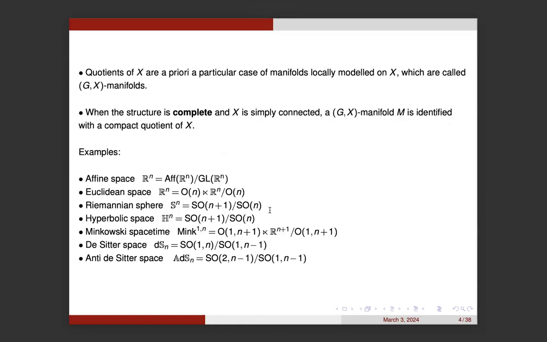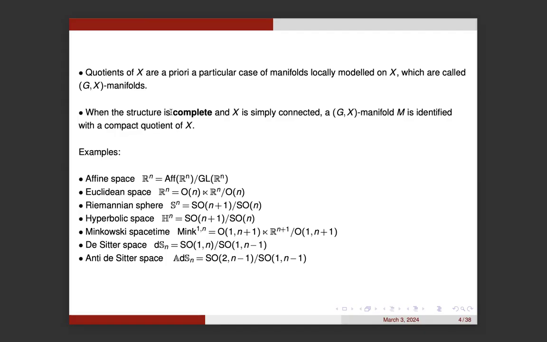So quotients of X are particular cases of manifolds locally modeled on X. A manifold locally modeled on X, in the language of GX structures, is a manifold which has a local structure locally isomorphic to X. I'm not going to give the exact definition of what a GX structure is. This is not the point of my talk. But what I can say is that a priori, quotients of X are particular cases of manifolds modeled on X in the sense of GX structures.